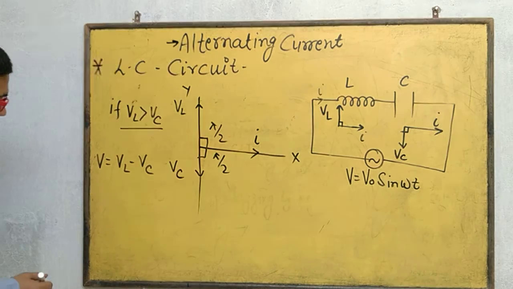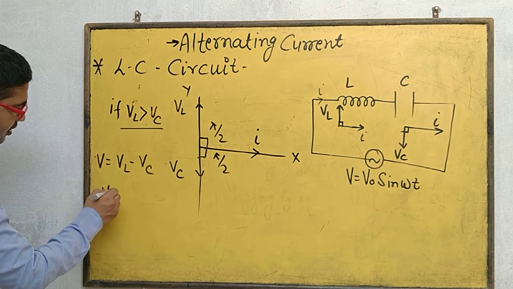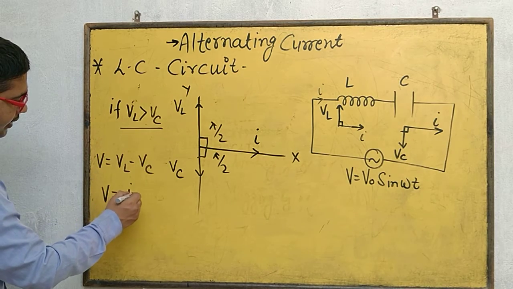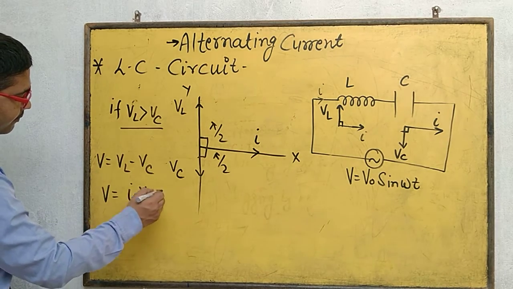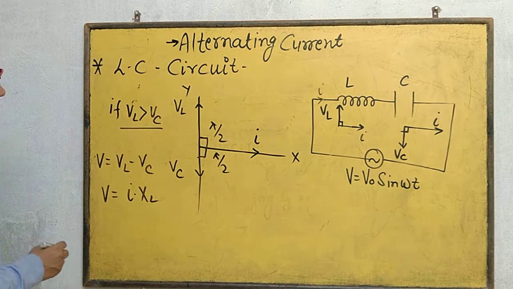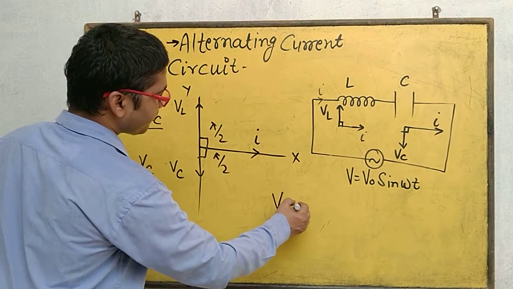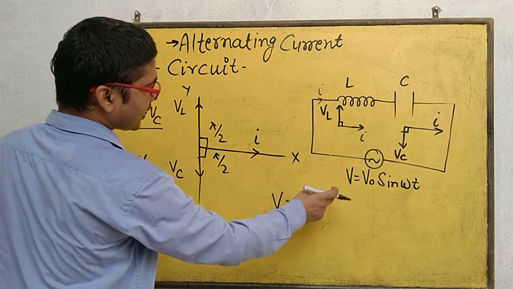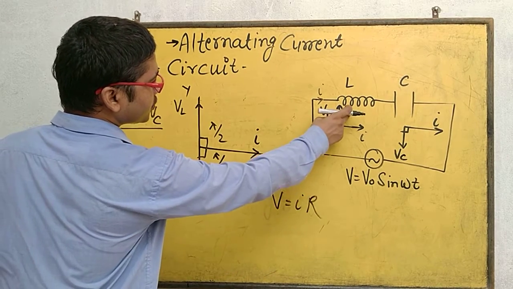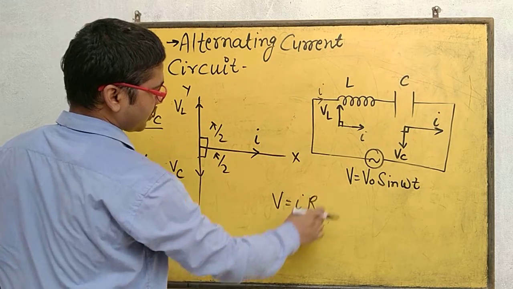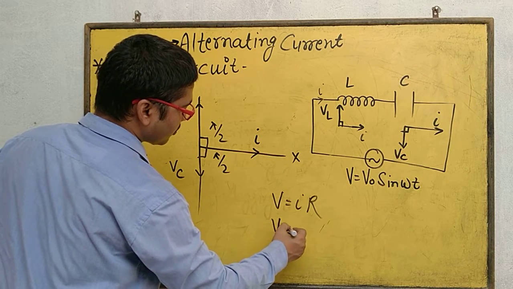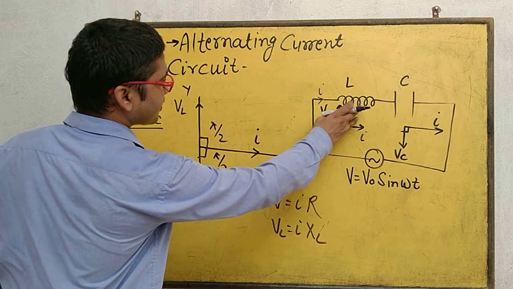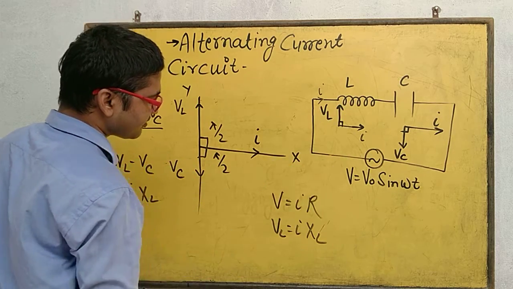Okay, so now we can write V is equal to, now VL is equal to I into XL. According to Ohm's law, you know that V is equal to IR, but this one is not a resistance. So in place of resistance, we must use the resistance offered by the inductor. So you can write VL is equal to IXL, where XL is the resistance offered by this inductor in the path of the AC circuit.